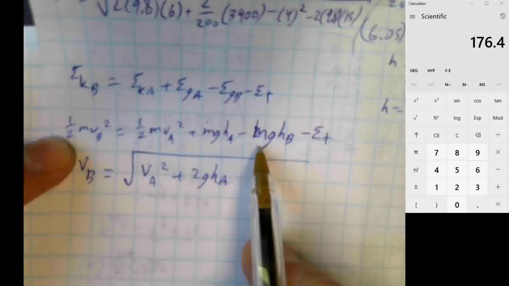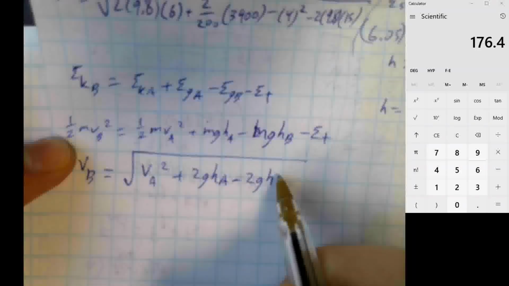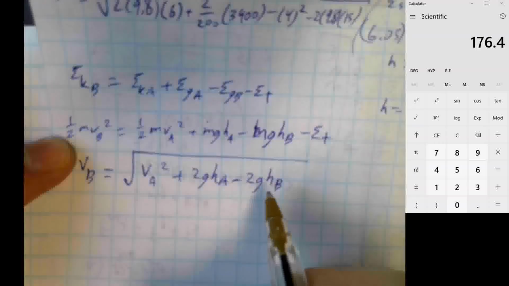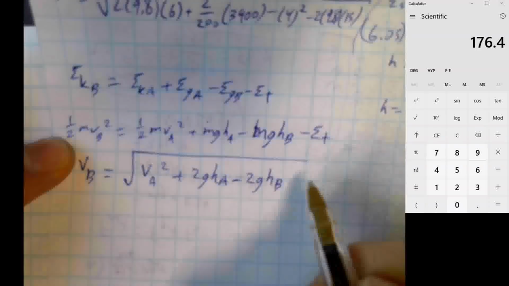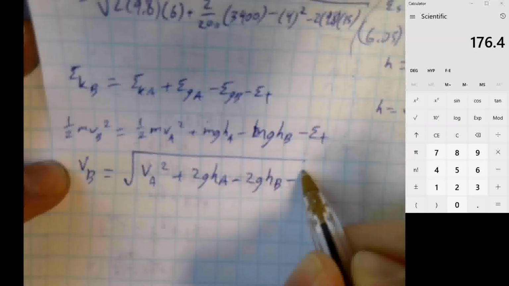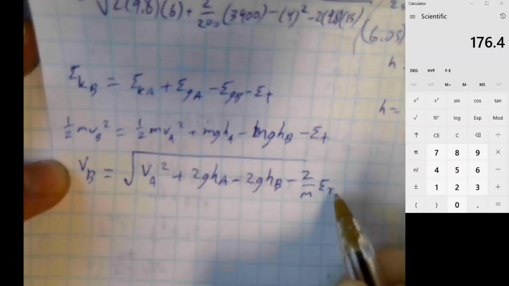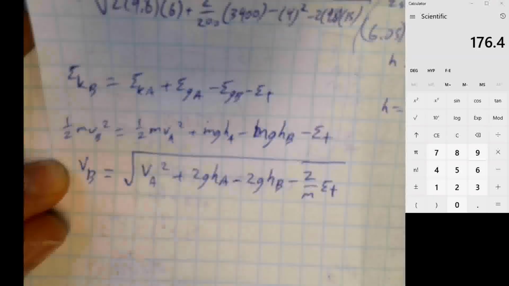Multiply this by 2 over m, we end up with 2 g h_B. And then the E_T term, we're going to have 2 over m times E_T for that thermal energy.